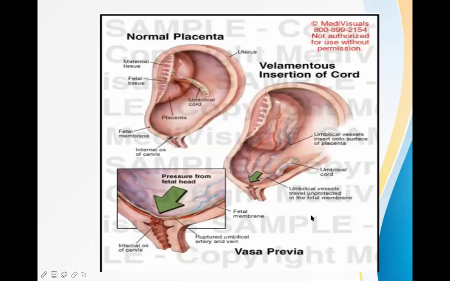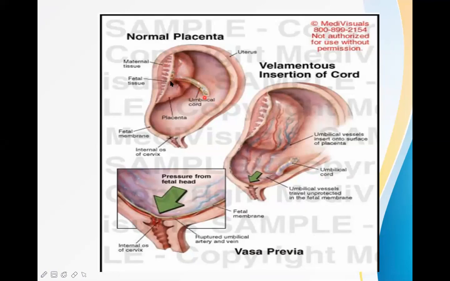Now this is a schematic diagram. Let me explain this once again for you. This is a placenta here. This is the umbilical cord. Look how well the umbilical cord is inserted on the placental tissue, right at the bulk of the placenta.